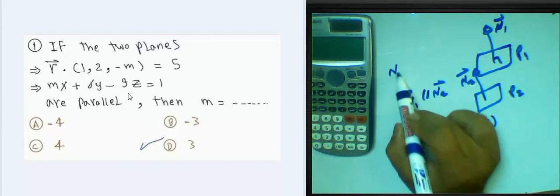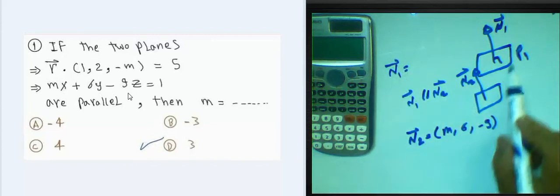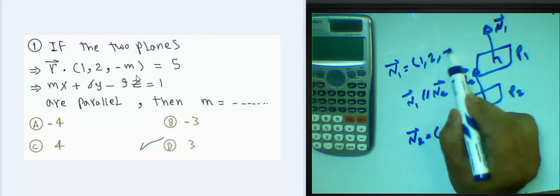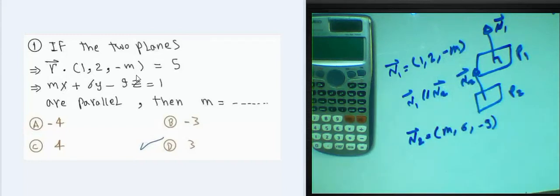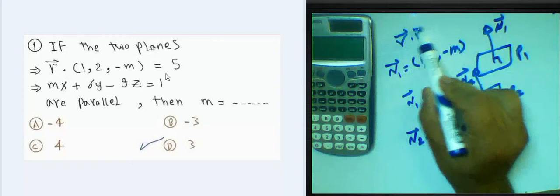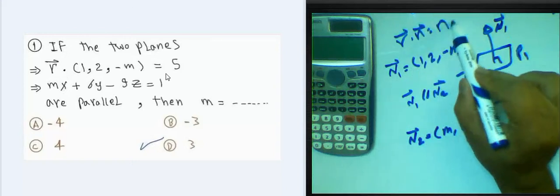And what about vector n1, which is perpendicular to plane 1? It will be 1, 2 and negative m. Here we write the equation of the plane as r dot n equals n dot any point.